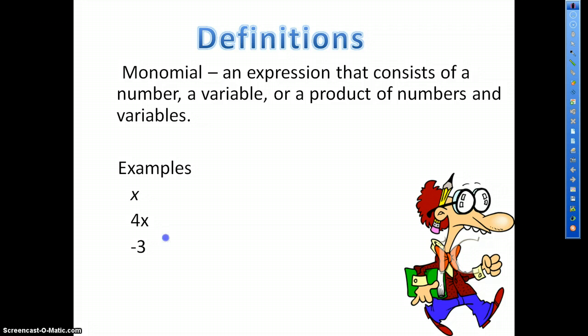And another example is x over 7. It's a fraction, but it is a monomial. And here's another example of a monomial. It's the square root of 3 times x times y squared. Once again, that's the product of some numbers and variables.